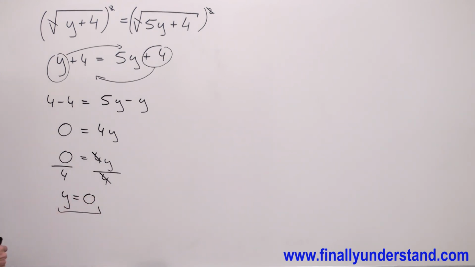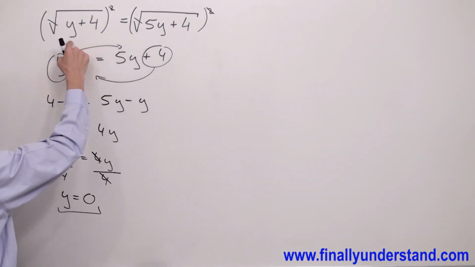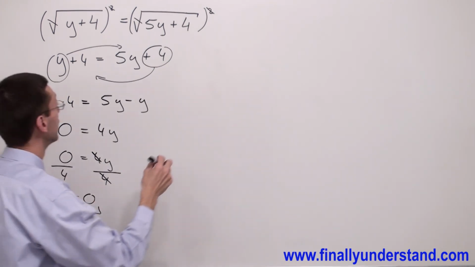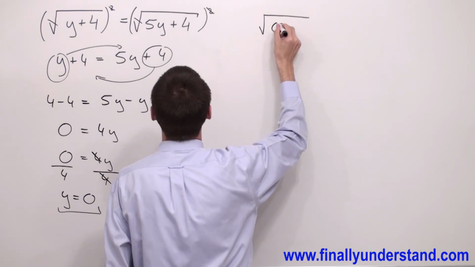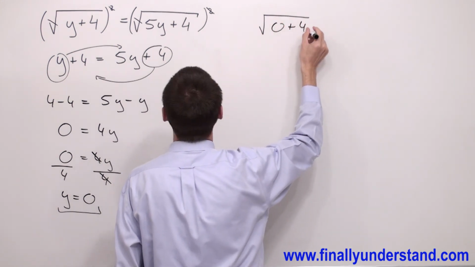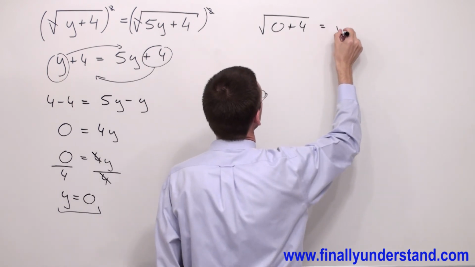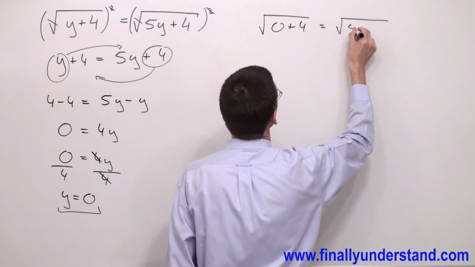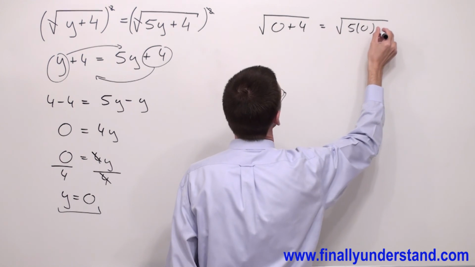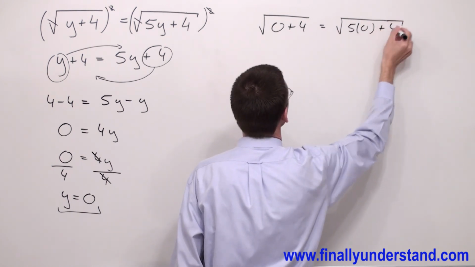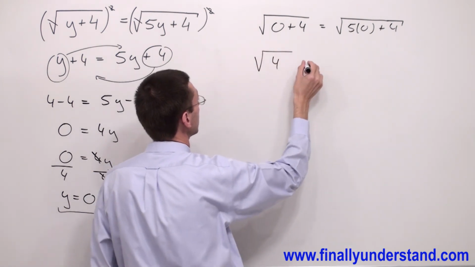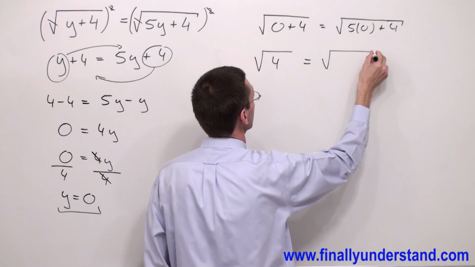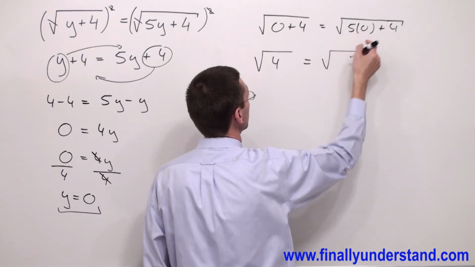Let's check if my answer is correct. I'm going to replace every y in my equation by 0. I have square root of 0 plus 4 has to be equal to square root of 5 times 0 plus 4. 0 plus 4 is 4, so square root of 4 equals square root of 5 times 0 is 0 plus 4 is 4.